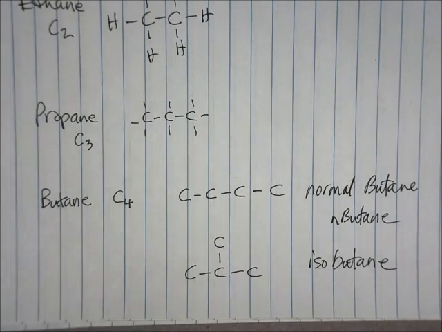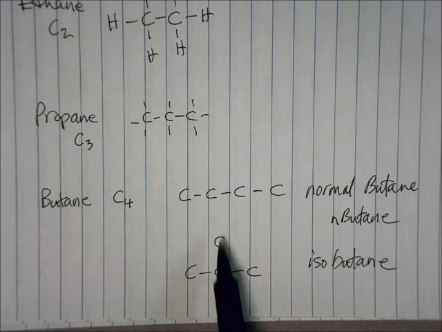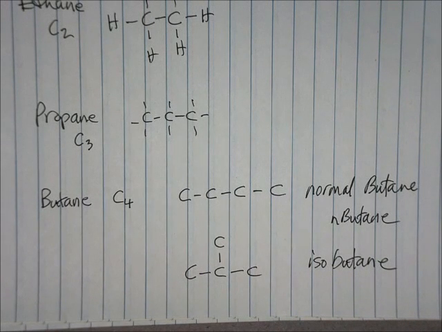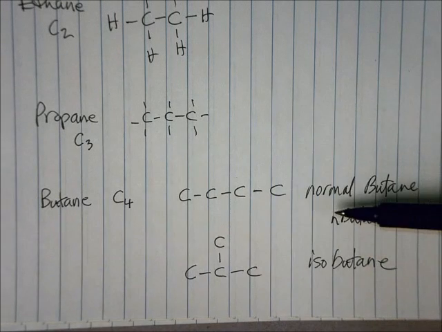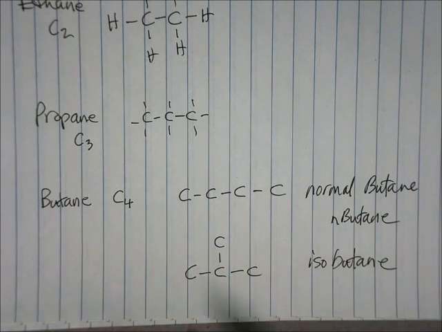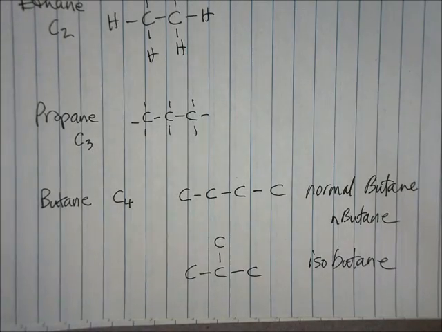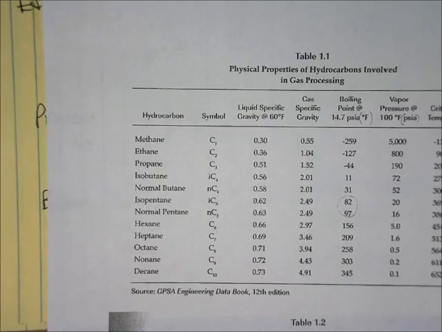The one that branches is iso. You probably won't need to know the actual arrangements of the atoms to work in the field, but you may hear the terms N-butane, isobutane, and you just need to understand why you have those terms. They're the same chemical, they're just arranged differently, but they behave very similarly. Although if you look at it, there are some differences.